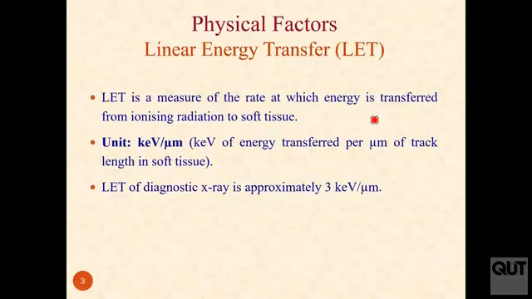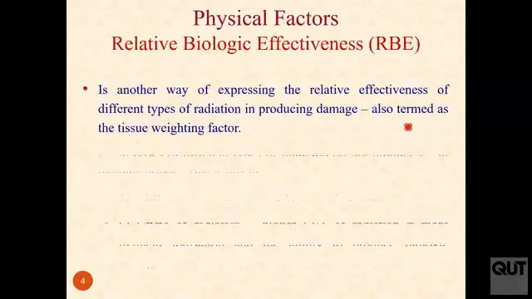So the unit is the keV per micron, that's just the number of keV transferred per micron. A diagnostic X-ray is around about 3 keV per micron, just to set things as our base.